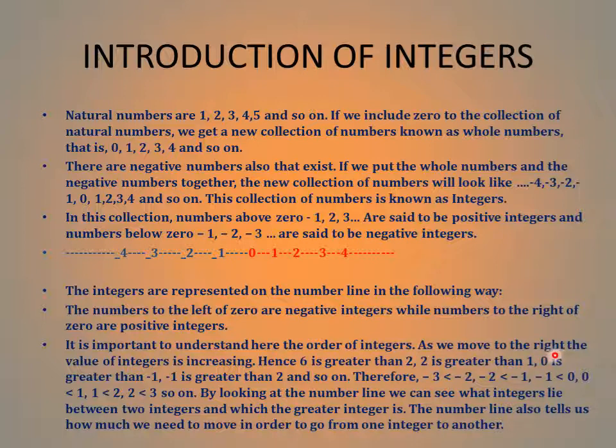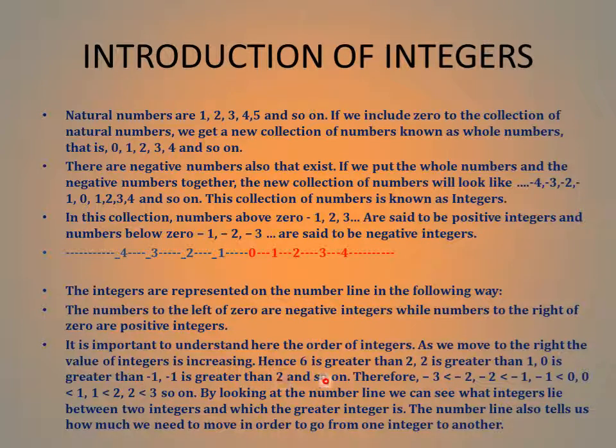It is important to understand here the order of integers. As we move to the right, the value of integers is increasing. 6 is greater than 2, 2 is greater than 1, and 0 is greater than minus 1.